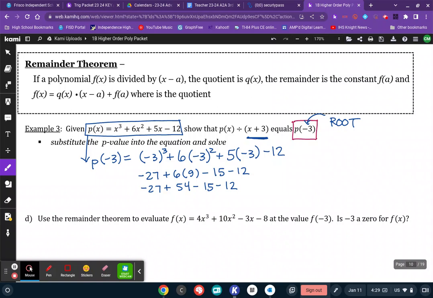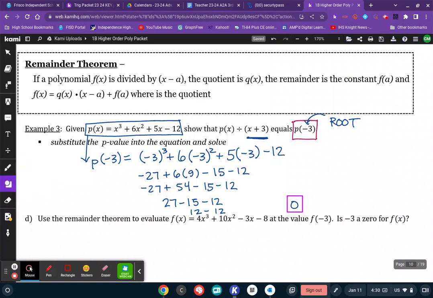So negative 27 plus 54. Positive 27 minus 15. I end up with 0.